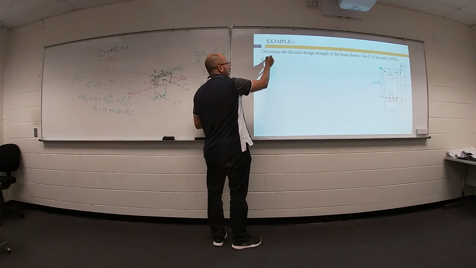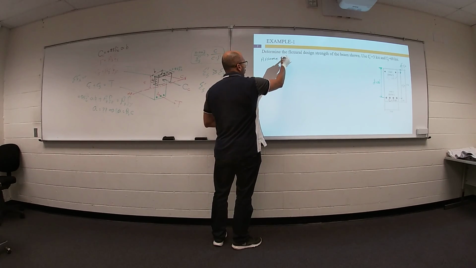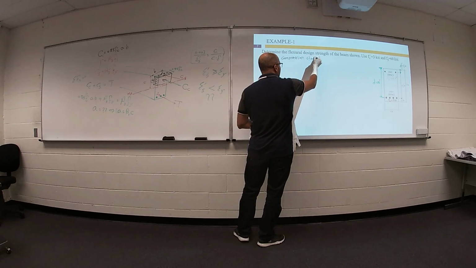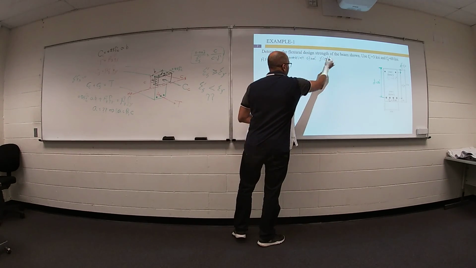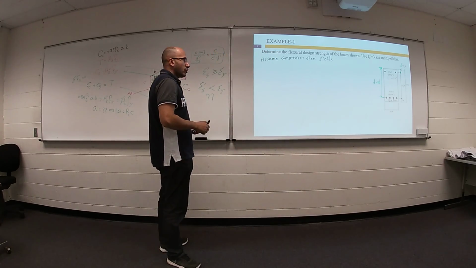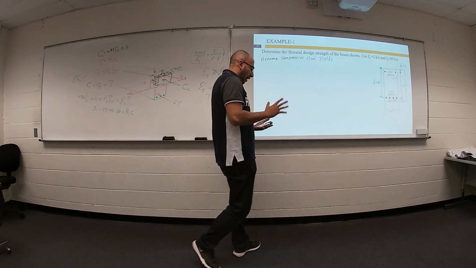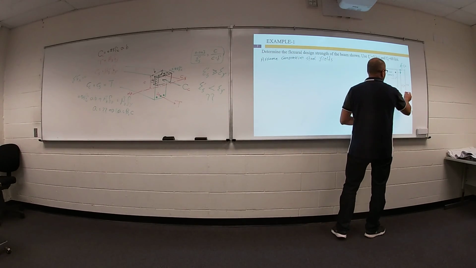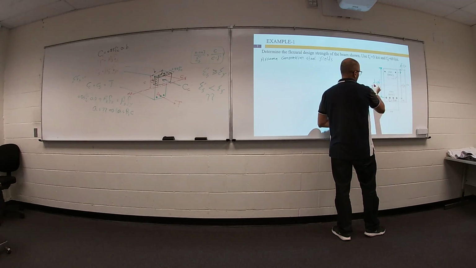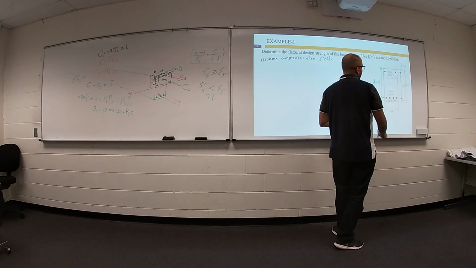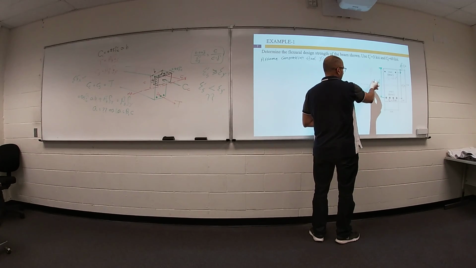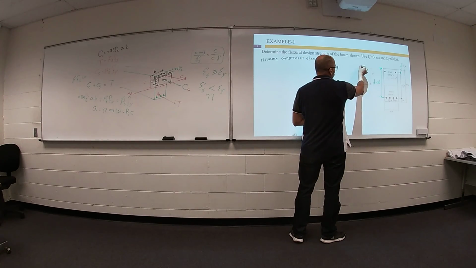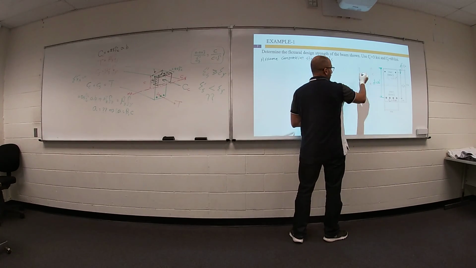Assume compression steel yields. I would like to solve my problem like this. We have the neutral axis. I'm not sure where, but this neutral axis is at depth C. We have something called strain distribution.